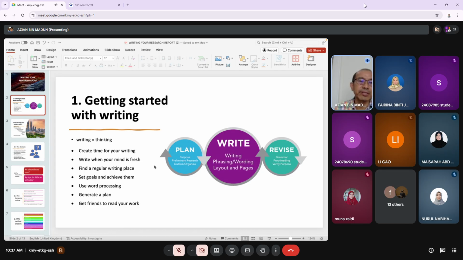You need time. So when you write, you must consider writing, phrasing, wording, layout, and pages. This one is about the setup, how you arrange your work.